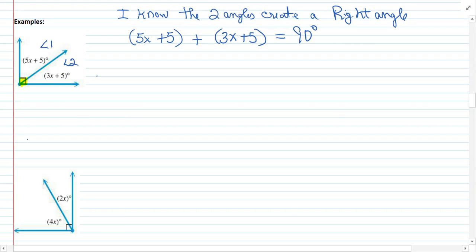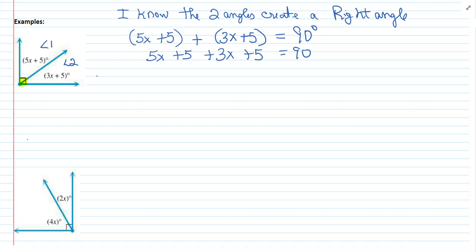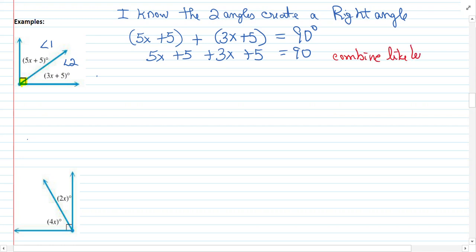Well, now I'm going to remove the parentheses, and I'm going to have 5x plus 5 plus 3x plus 5 equals 90 degrees. Now I'm going to combine like terms. And in this case, it's going to be my x's and my constants.